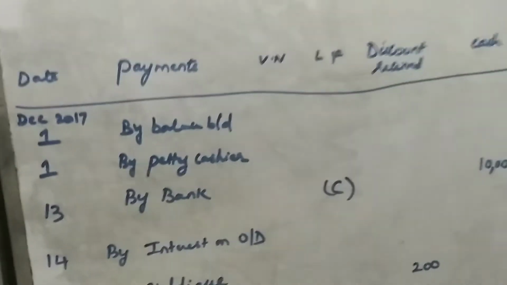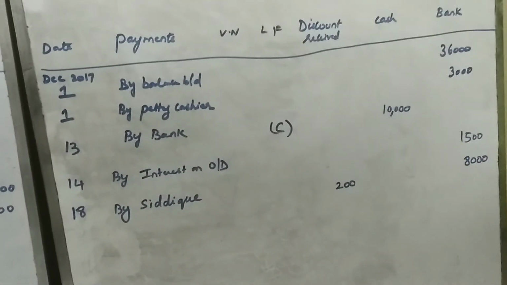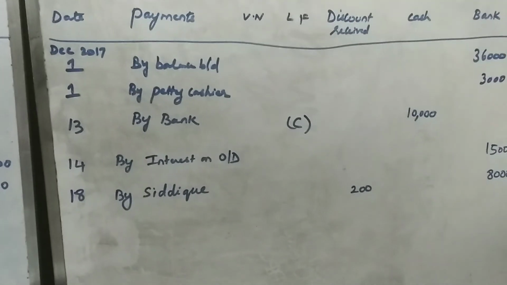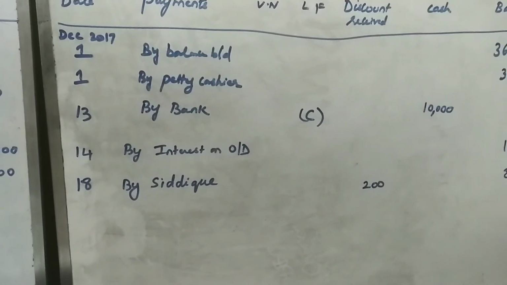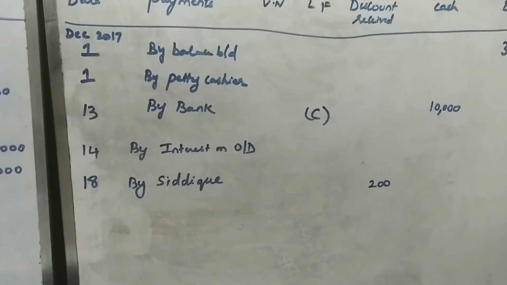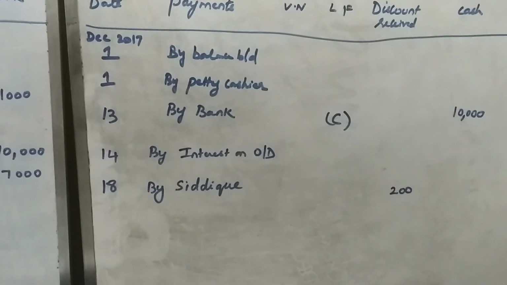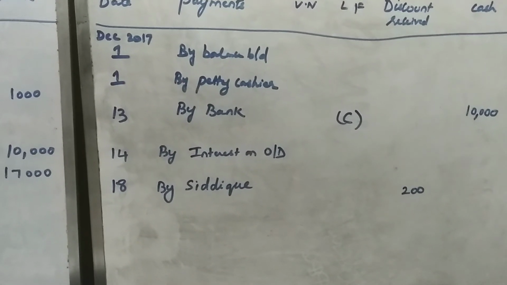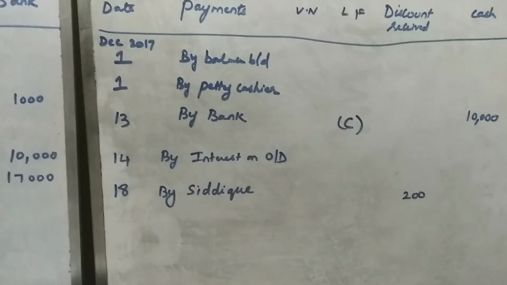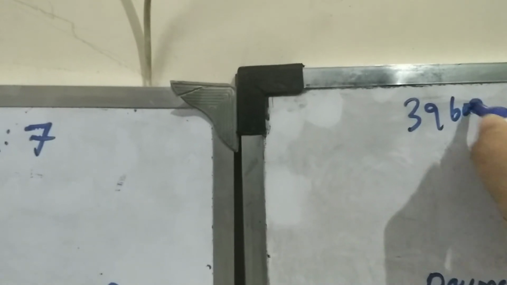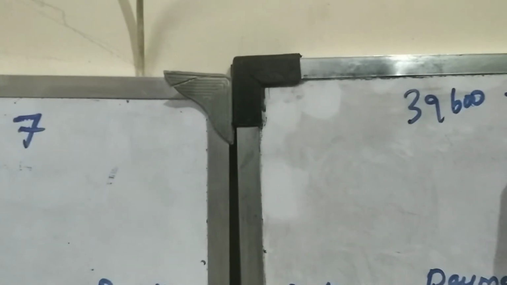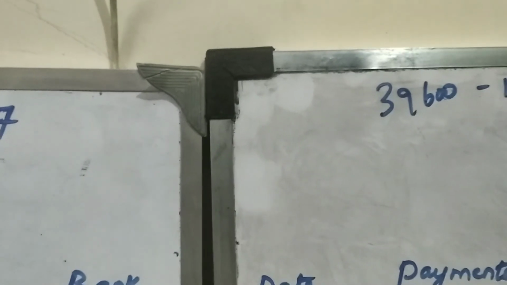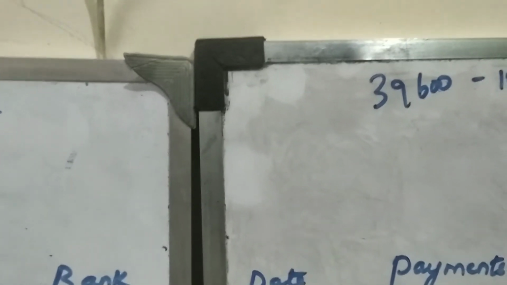Whereas on the payment side, you have only 10,000. Able to understand? So now, what is the difference? 39,600 minus 10,000, you have 29,600.